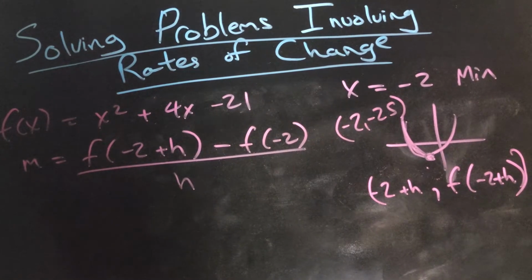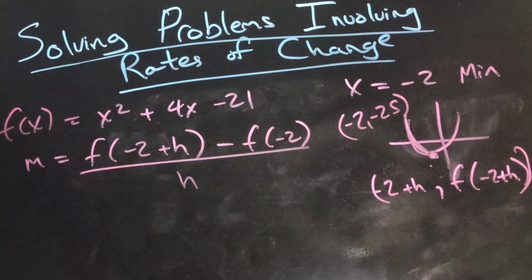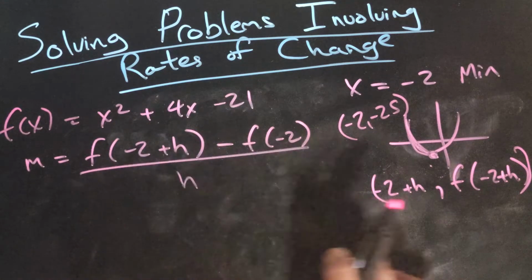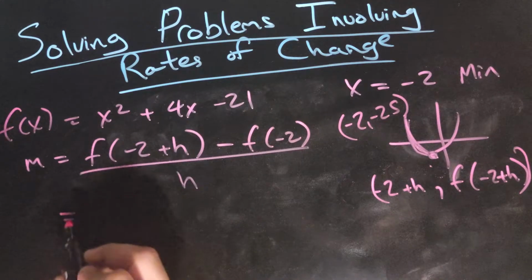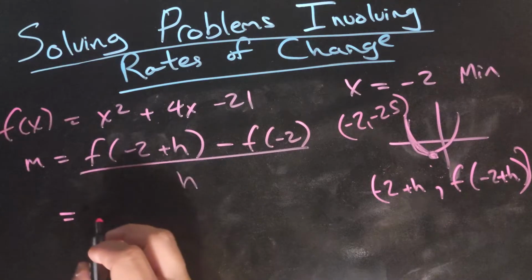I hope it's not super confusing. Once we plug it into our slope formula, it'll make sense. So when you plug these two numbers in, you're going to have something like this.